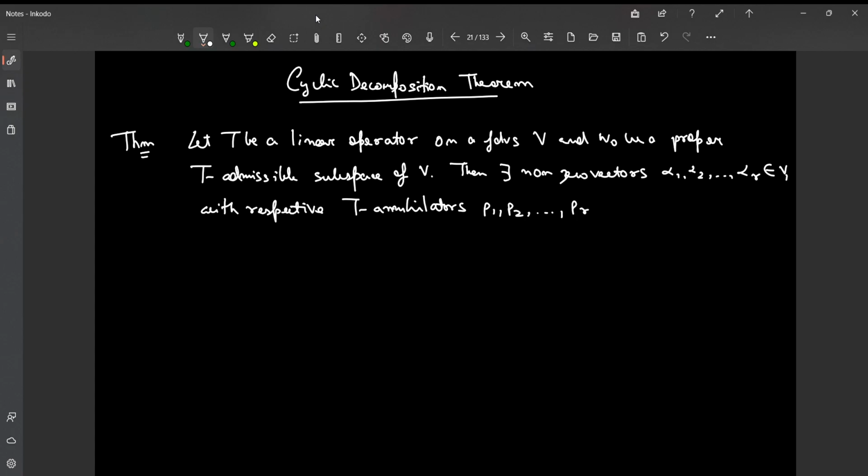That is, P1 is the T annihilator of alpha 1, P2 is the T annihilator of alpha 2, and so on, Pr is the T annihilator of alpha r.